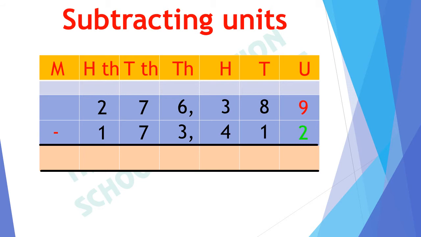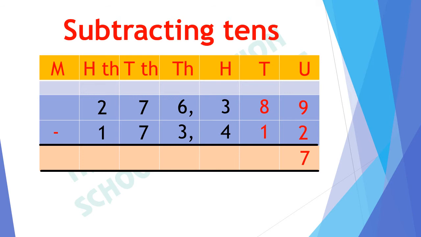First of all, we will subtract units. We will subtract 2 from 9. Take away 2 units out of 9 units and tell me the answer. If we take away 2 units out of 9 units, we get 7 units.